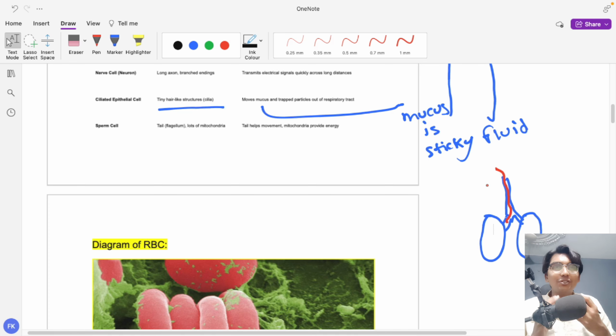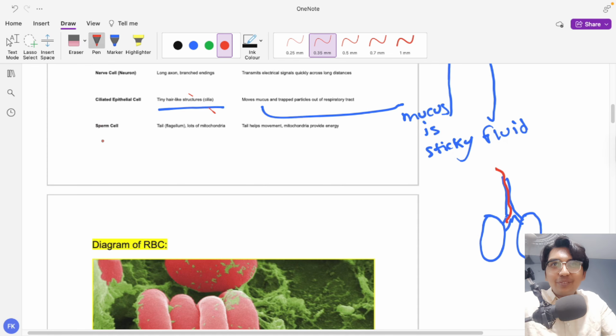I found it very interesting that the ciliated cells actually move so that they push mucus towards your throat, and you just cough it out, right? Any dust particles.